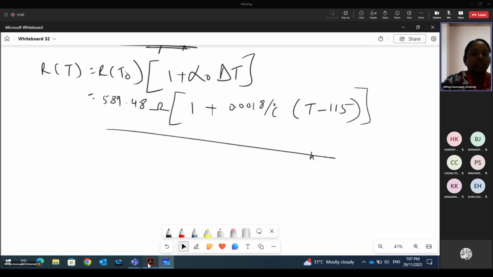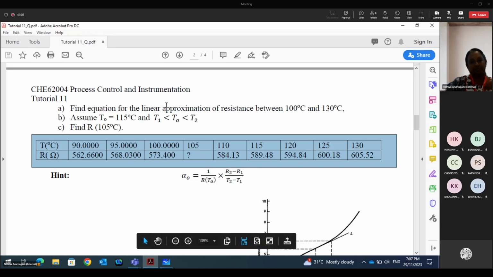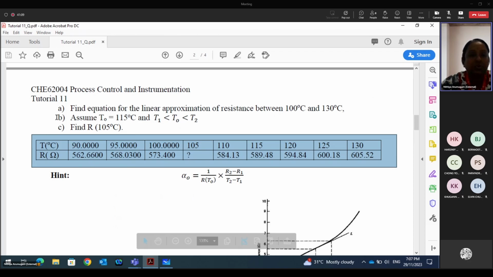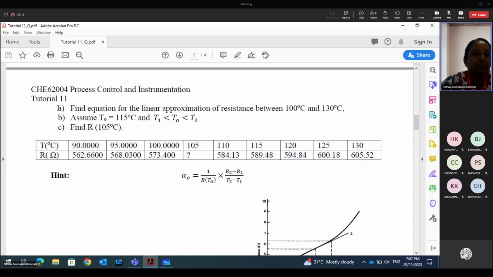Next, part B. For part A, you need to assume the T naught as 105. We need to find the resistance at 105.